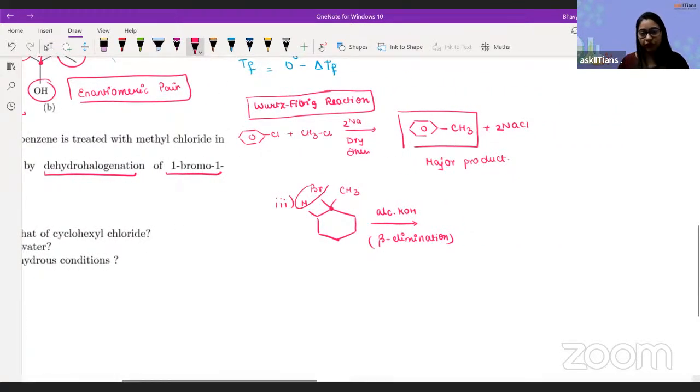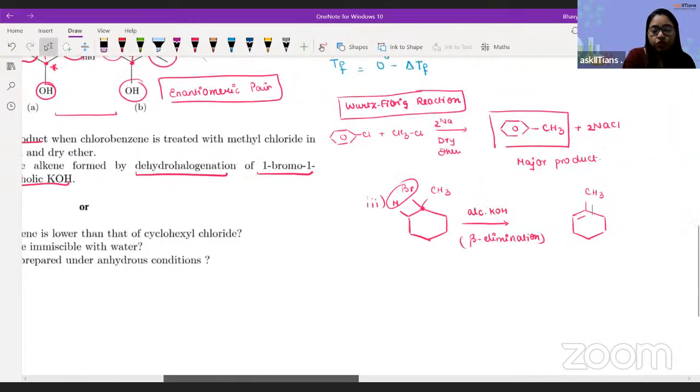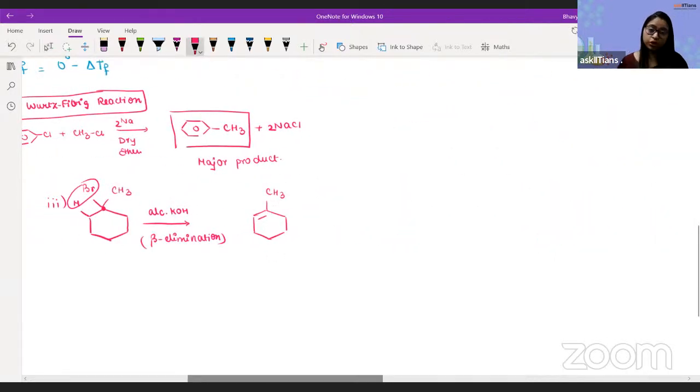Then since it is a loss of HBr, you can mention it this way and draw the corresponding alkene. Write the structure of the alkene formed. You should write this as the major product plus HBr. That's it.